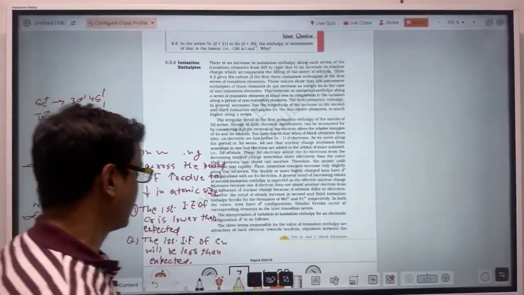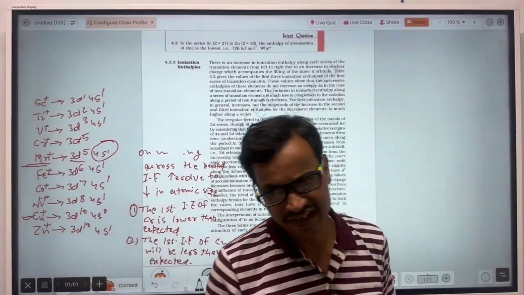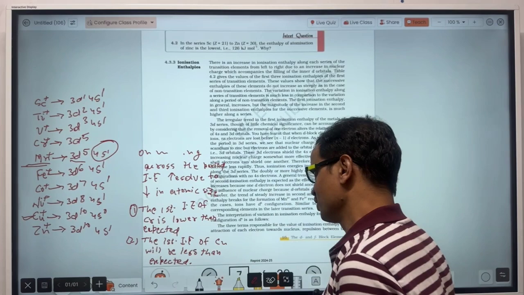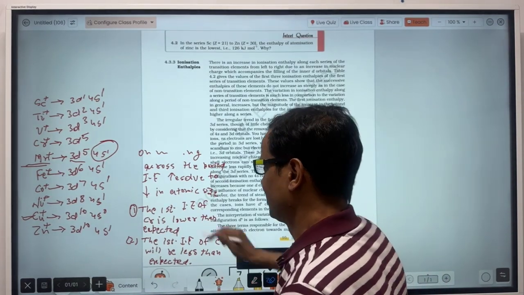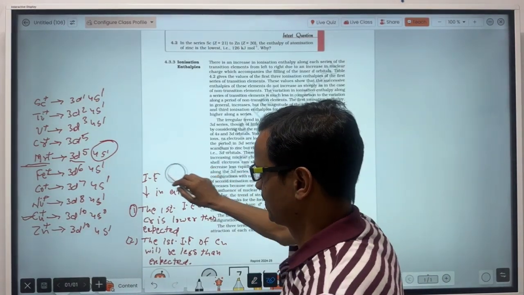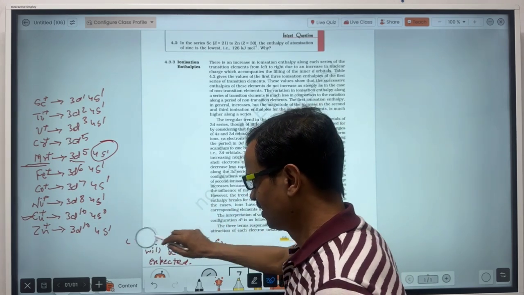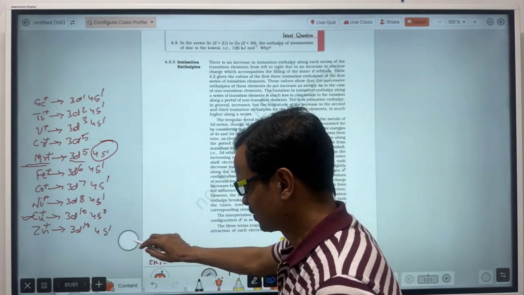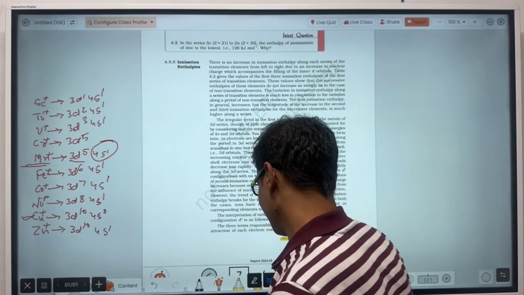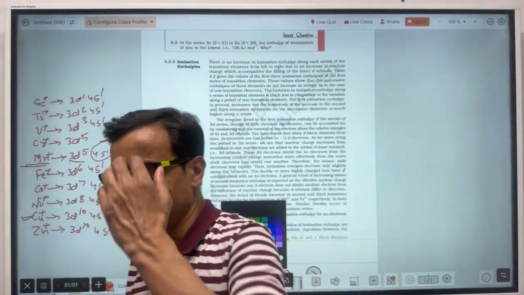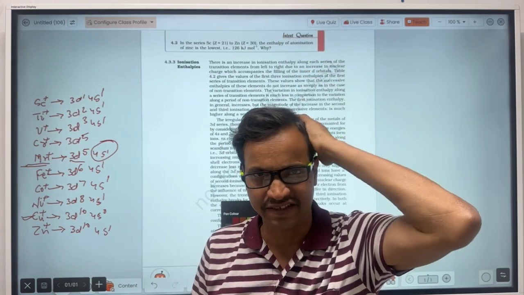So if Mn plus releases one electron, then its outermost orbital will be half filled, which will provide extra stability to Mn2 plus. So that's why the second ionization enthalpy of manganese will be higher than expected.